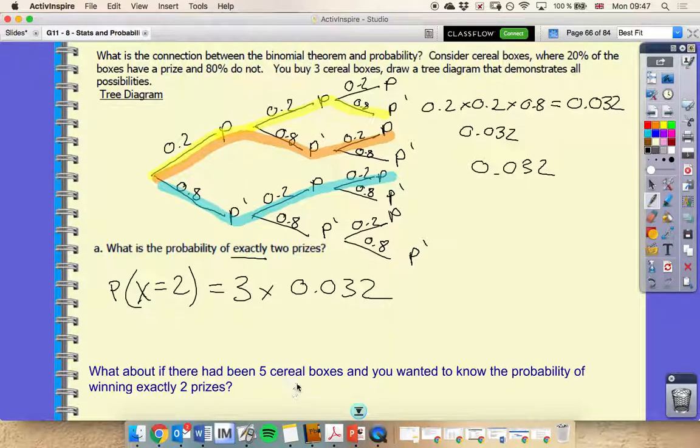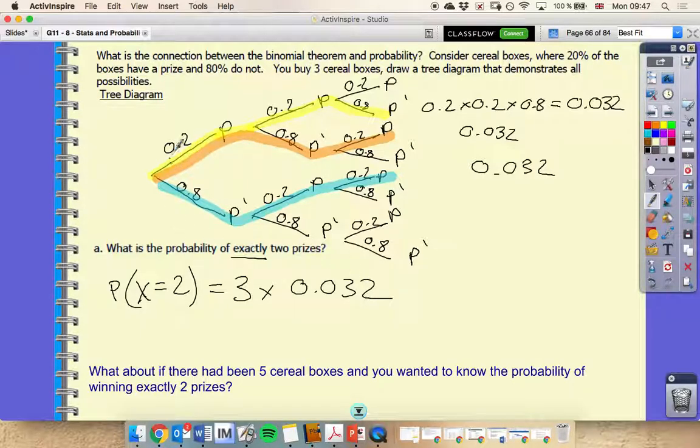But what happens if we increase the number of cereal boxes? What happens if we had 5 cereal boxes? How's this going to change? How's it going to stay the same? Well, if there are 5, there would be 5 different terms that you'd be multiplying together. Good. There will be 5 terms because we've got to open 5 cereal boxes.